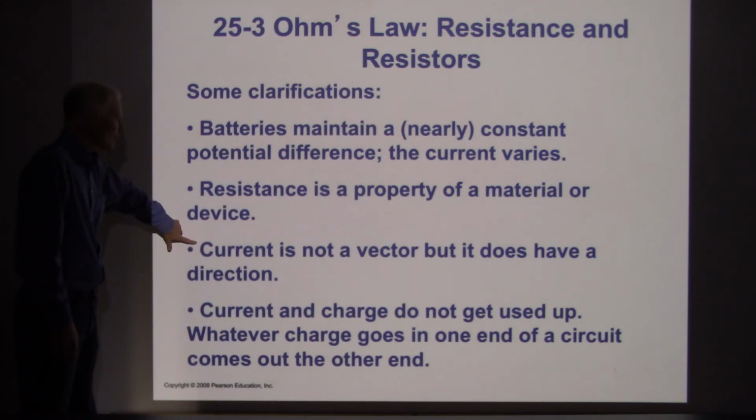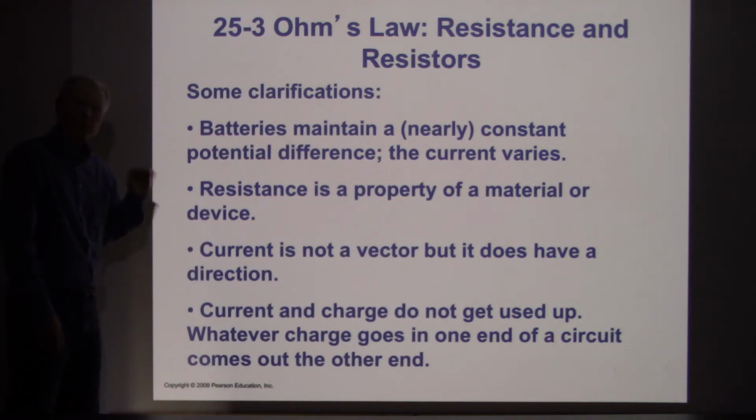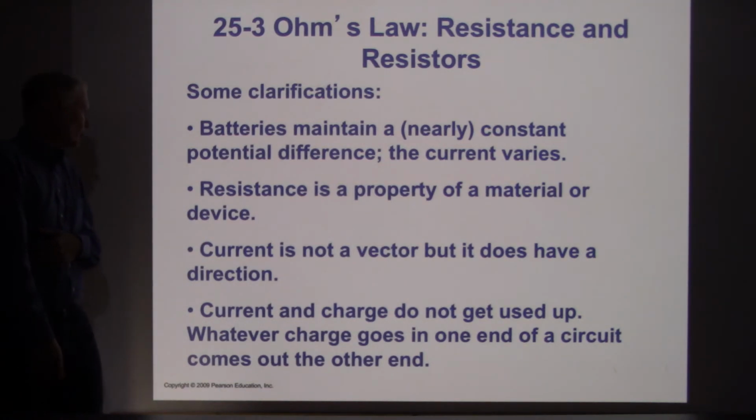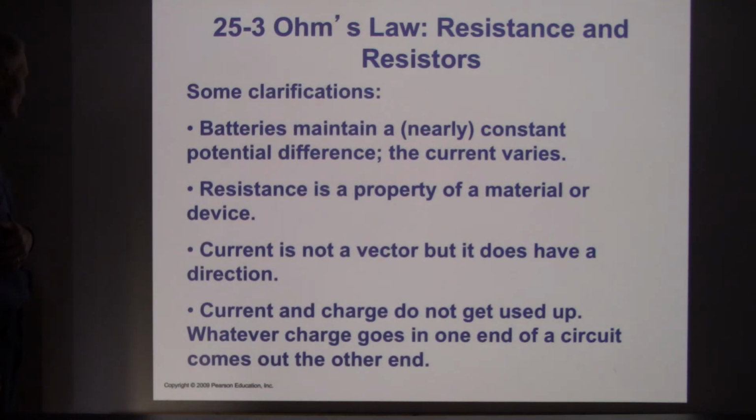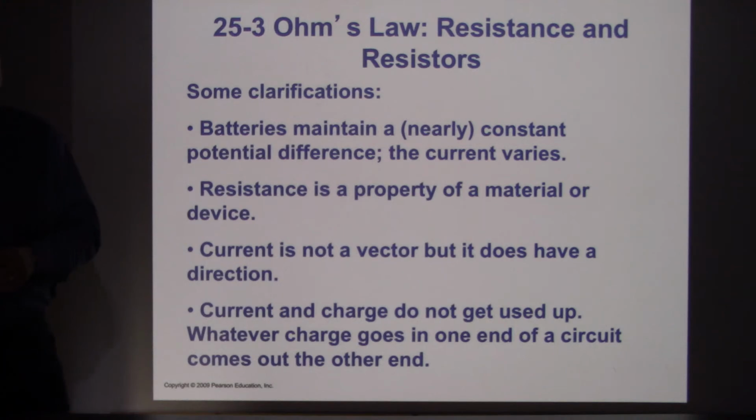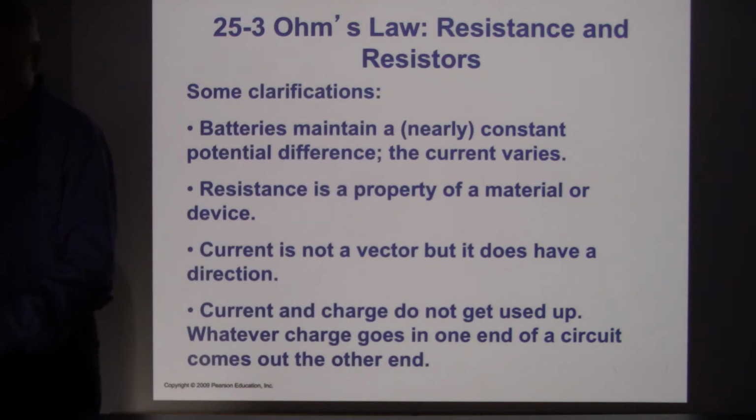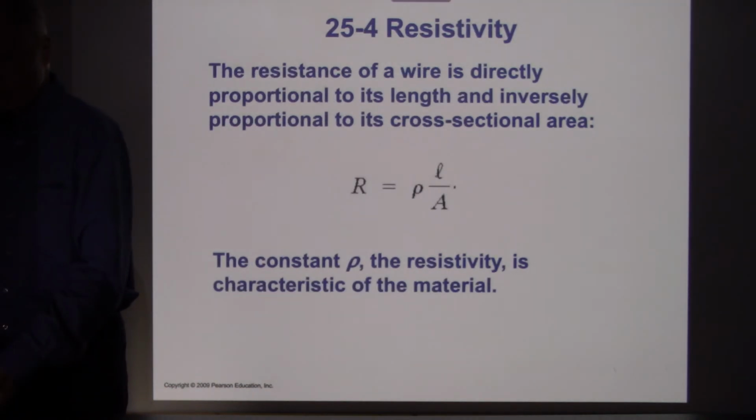Current is not a vector, even though it has a direction, so current's just a number. Current and charge do not get used up. Electric charge is conserved. Whatever the count is of electrons going through a circuit, we'll be able to account for all those electrons at every location. So they don't get used up.